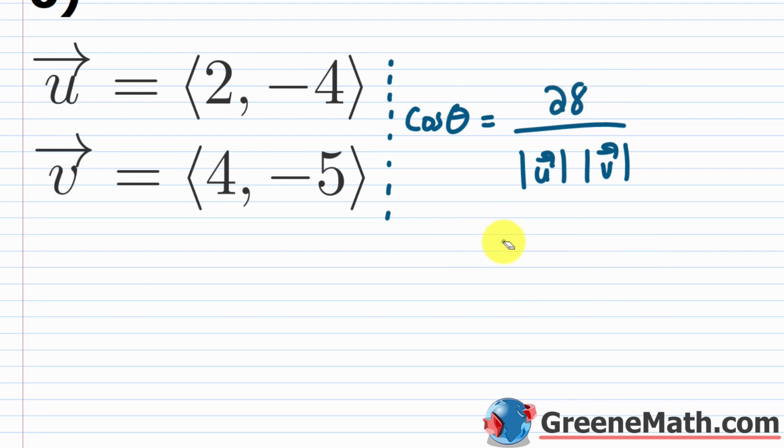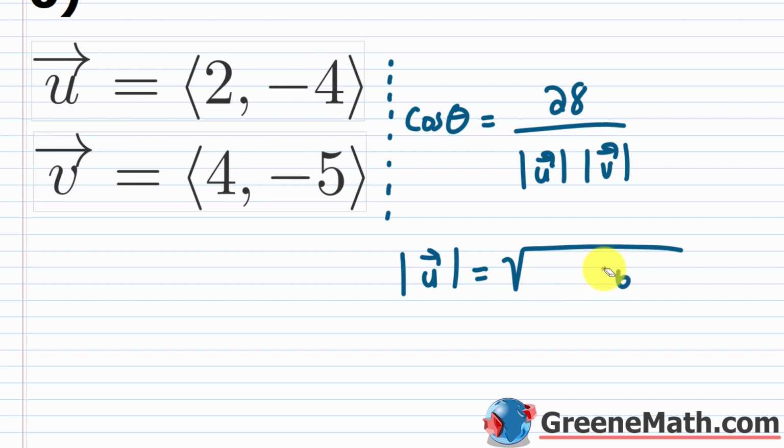Very easy. Now, for the magnitude of the vector u, this is going to be what? The square root of, you take 2 squared, that's 4, and then you add that to -4 squared, that's going to be 16. So this would be the square root of 20. Now this would break down into 4 times 5, and so this is 2 times square root of 5.